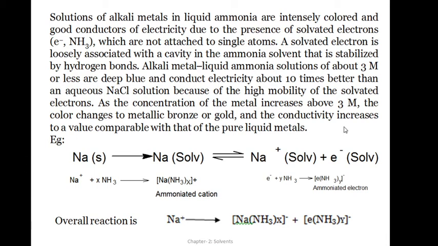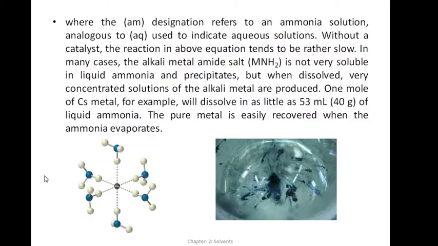As the concentration of metal increases above 3 molar, the color changes to metallic bronze or gold and the conductivity increases to a value comparable with that of pure liquid metals. So what has happened here? As you dissolve the alkali metal in ammonia, the alkali metal becomes Na+. We have free electrons liberated. These electrons get surrounded by the solvent.